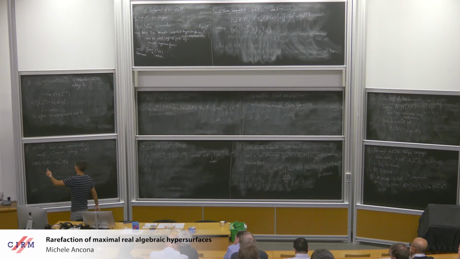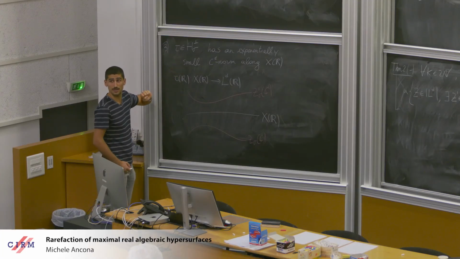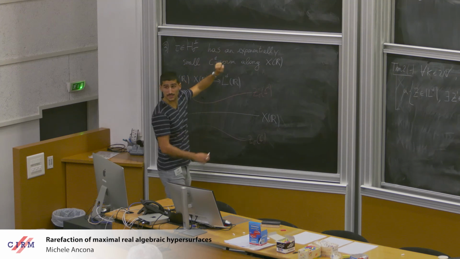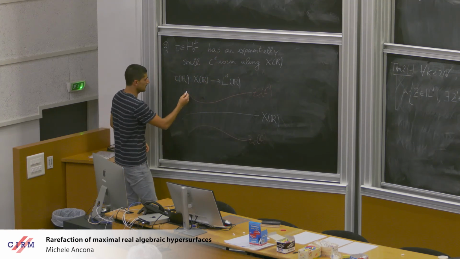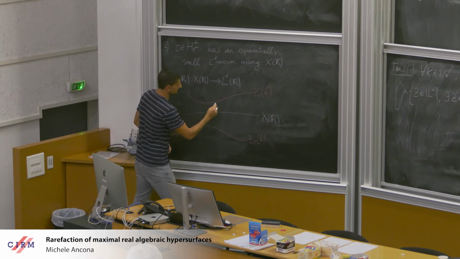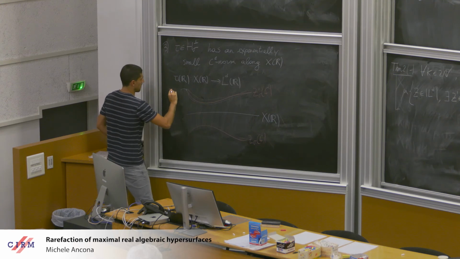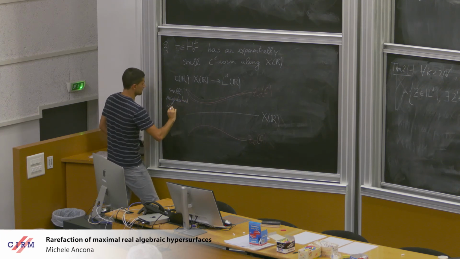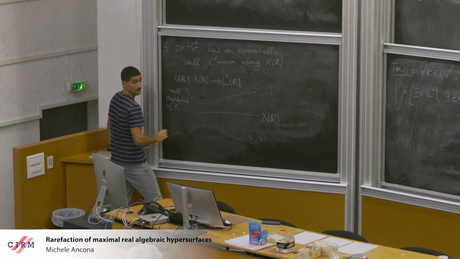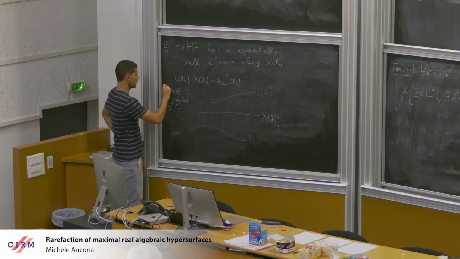And actually the precise statement is that almost all the C1 norm of a section tau is concentrated in a very small neighborhood of Z of sigma.